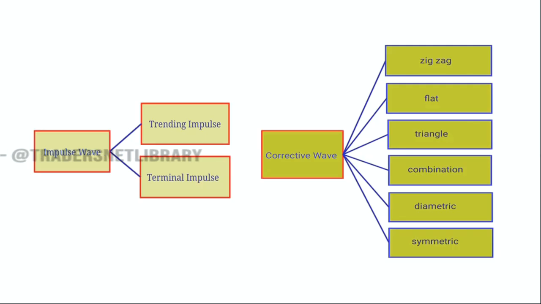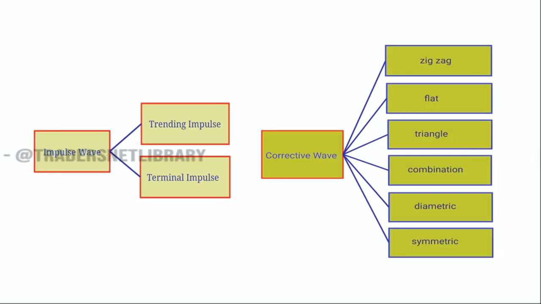In general, when the rules for impulse waves of the trending and terminal type are not present on the chart at the time of labeling Elliott waves, we consider the examined rally a correction wave by default.